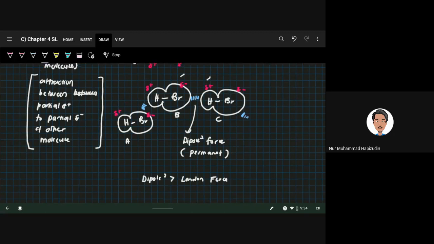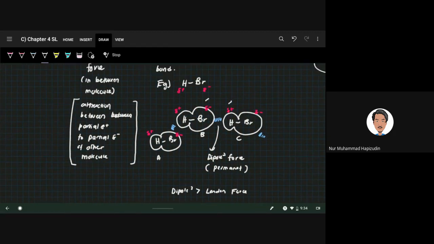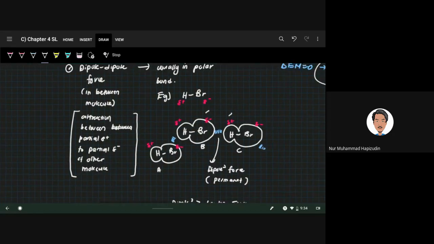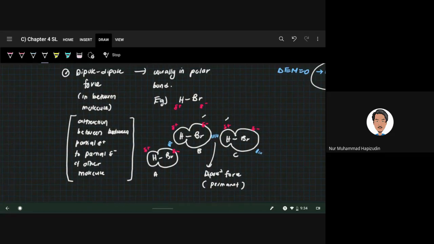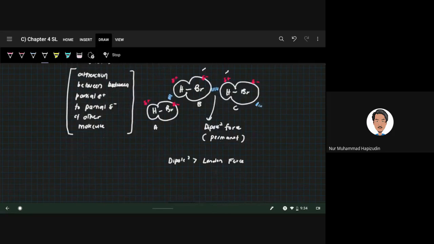Okay, so that's all for the dipole force. Simple je. Ingat je, dia adalah polar bond, and then polar bond have partial positive, partial negative, and partial positive or partial negative of the atom attracted to the opposite charge from another molecule.